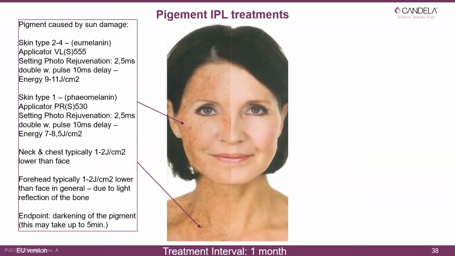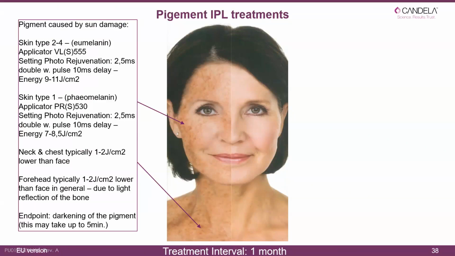One very nice feature of particularly the Nautilus, but in some other IPL systems as well, is that rather than firing a single pulse, as we tend to do with our Alexandrite and our 1064 in the YAG, here we can actually provide a train of pulses.